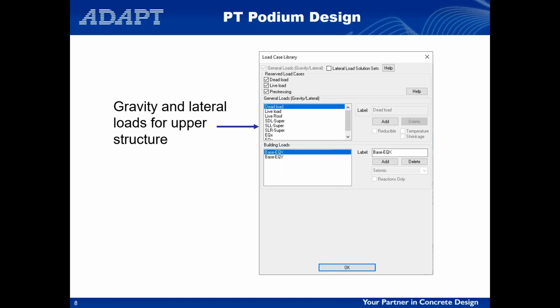We'll get to the loads you see below, because to complete this process, we will at some stage come in and define what are called building loads. These are the explicit lateral loads as modeled and handled by ADAPT. But as far as the superstructure load goes, let's keep those as general loads.